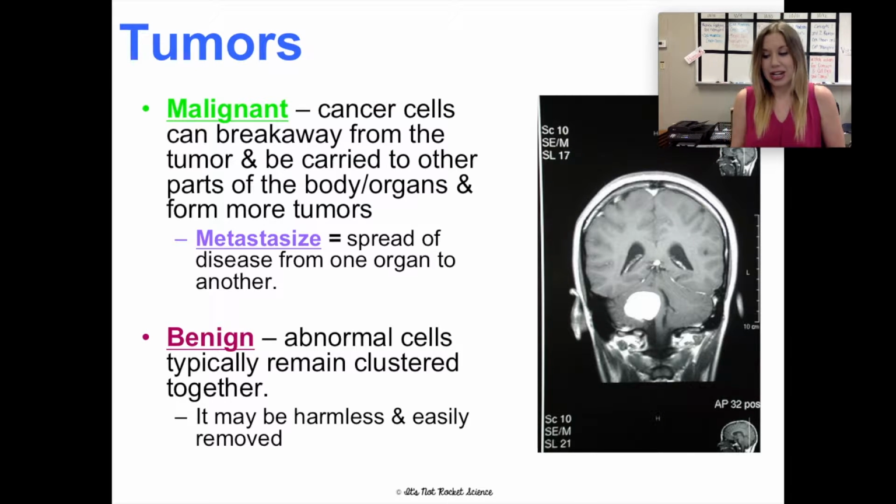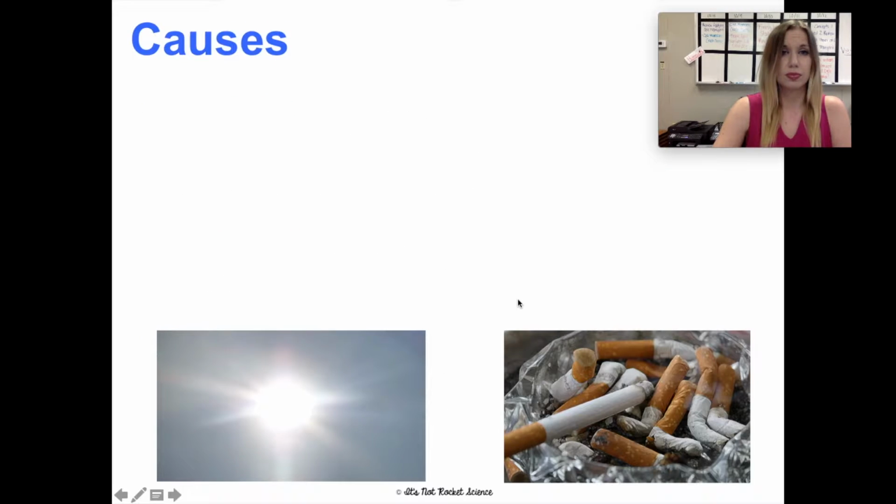However, benign tumors start to get dangerous when you're talking about the brain, because one wrong move up there can have catastrophic effects on your life and your abilities, your ability to see, speak, read, write, think. It may be harmless, but not always.